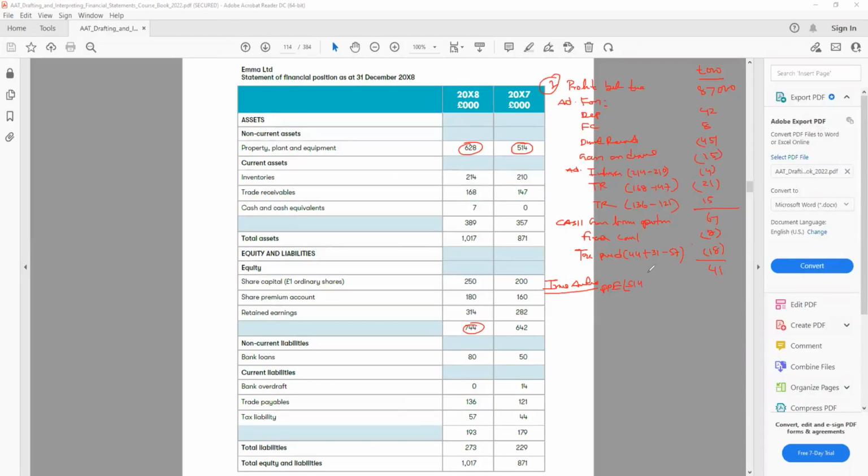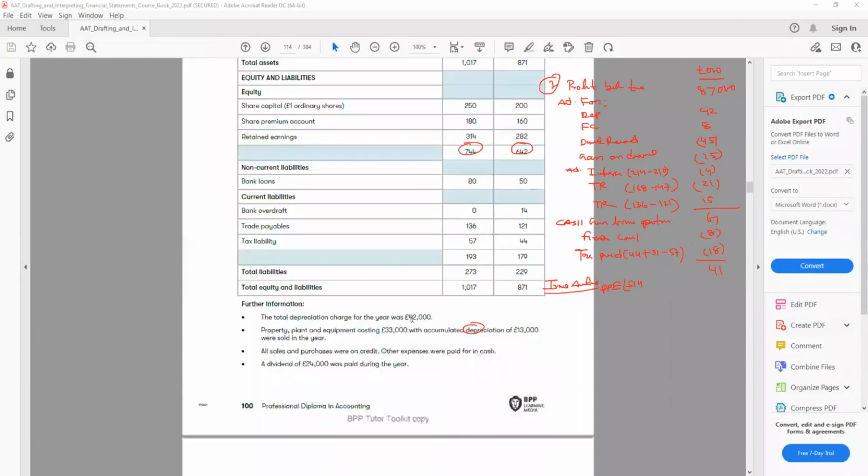And we need to look at, is there any property, plant we sold during the year? And also is there any depreciation we have. So you can see during the year we have a depreciation of 42. We take it out, the depreciation 42.